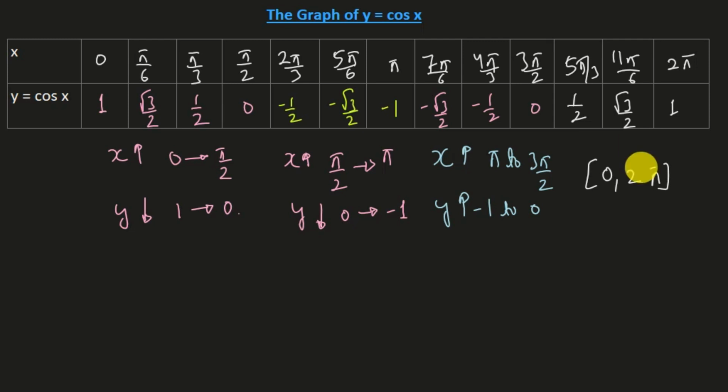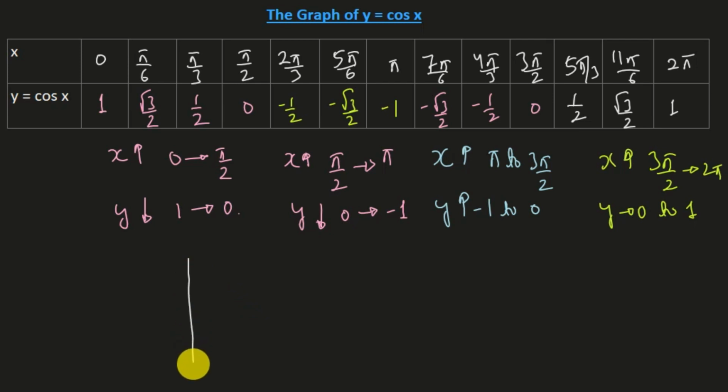Now what we can observe from here is that as x increases from 3 pi by 2 to 2 pi, the y value also increases from 0 to 1, right? Now we have the corresponding points. We can plot these points on the Cartesian coordinate to get the graph of y equals cosine x.